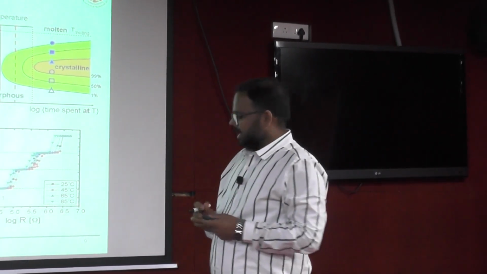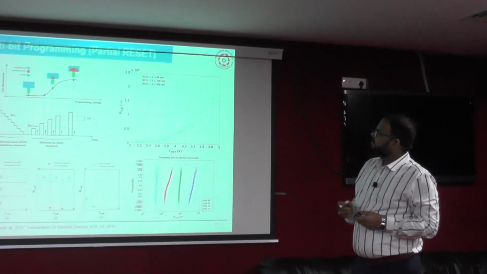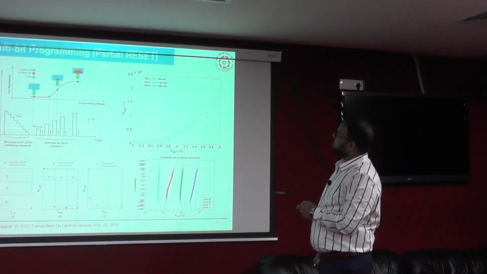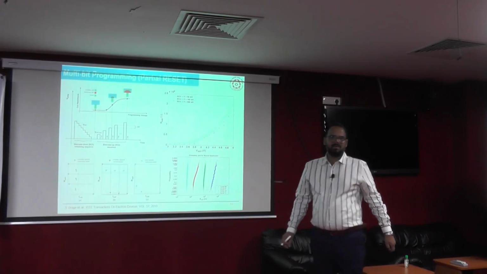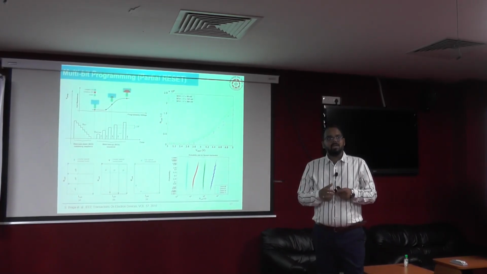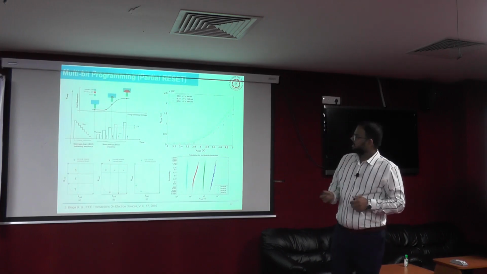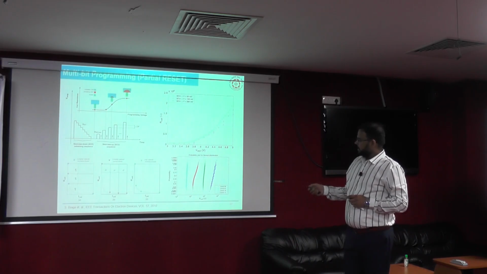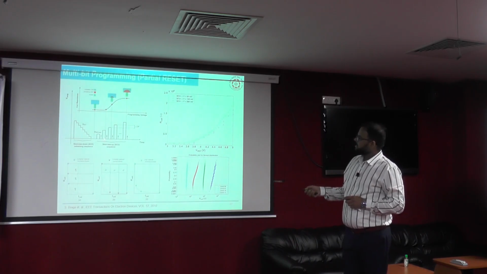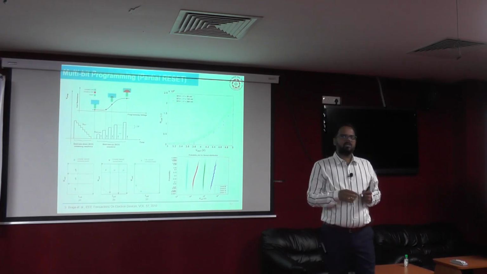Okay. And if we see another way, it is called partial reset programming. Partial reset means what happened? Here you are in the reset state, and you are providing a systematically increasing amplitude of voltage, as you can see here. Based on that you are identifying.